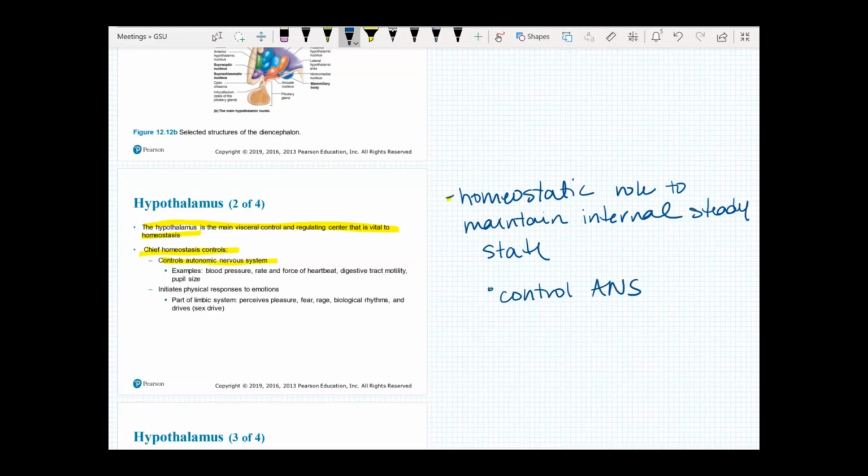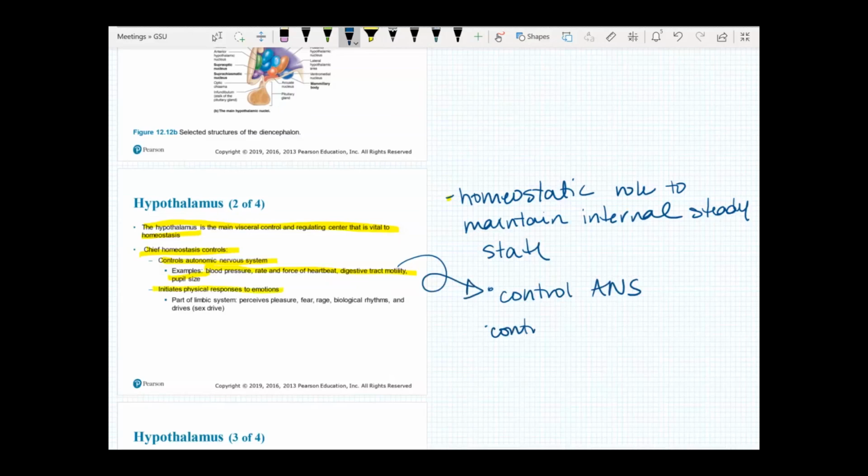With this autonomic nervous system, it will regulate your blood pressure, your heart rate, your pupil size, and whether or not you are digesting. That's really important with all of the functions that your ANS can do. It's also going to initiate a physical response to any kind of emotion.